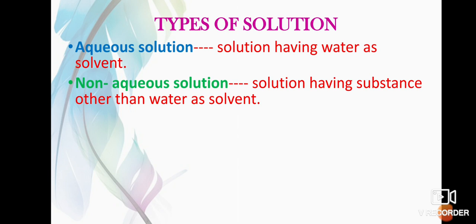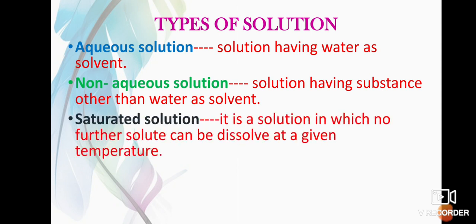Means here water is not used as a solvent in these types of solutions. In aqueous solutions, water has been used. Then saturated solution, we have already discussed this one.